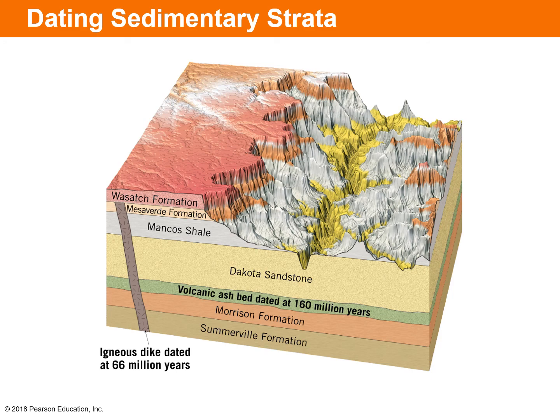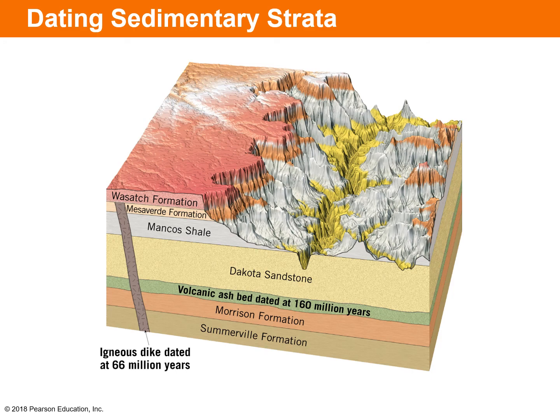Then, if you use the igneous dike, which cuts through the Dakota Sandstone, the Mancos Shale, and the Mesa Verde Formation, you can tell that the Mesa Verde Formation must be older than 66 million years because the dike cuts through that entire formation, and therefore the Mancos Shale and Dakota Sandstone must be older than 66 million years old.